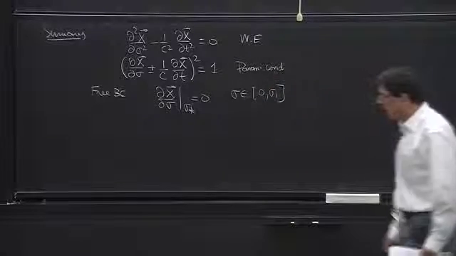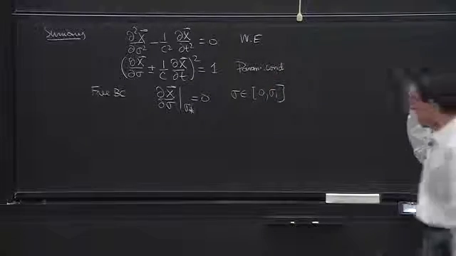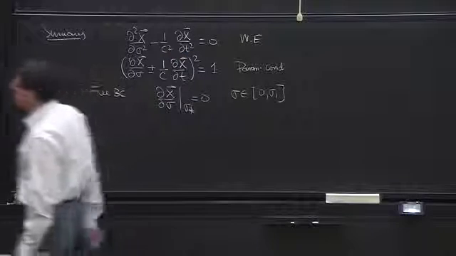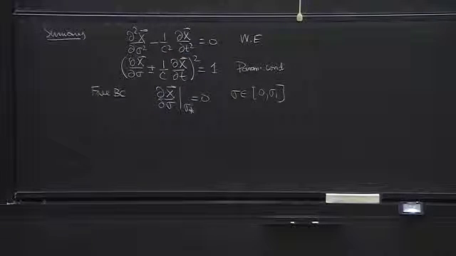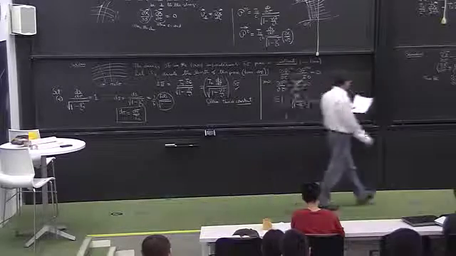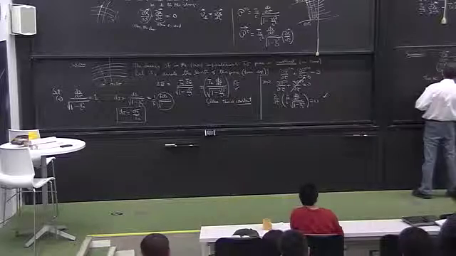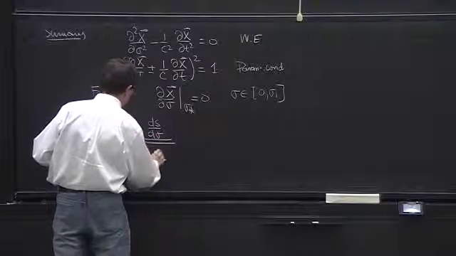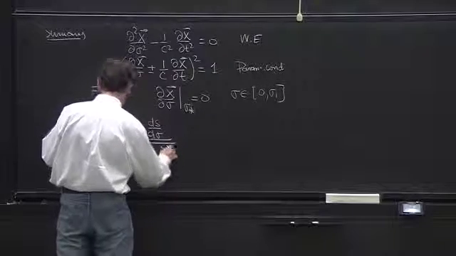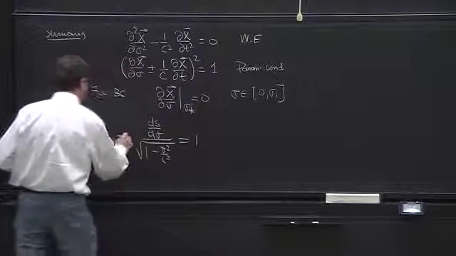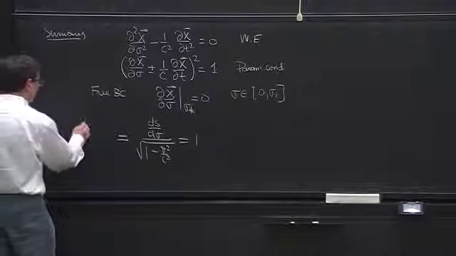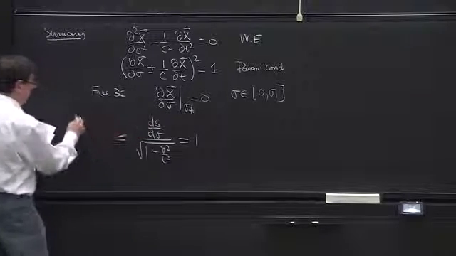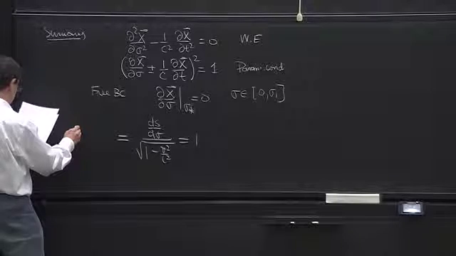Now, sigma 1 is something that we can keep track of. Although I'm going to write something redundant here, I think it's convenient to keep this equation clear. So I will write it like this: ds d sigma over square root of 1 minus v squared over c squared is equal to 1. But this is also equal to ds multiplied by t0 and divided by t0.